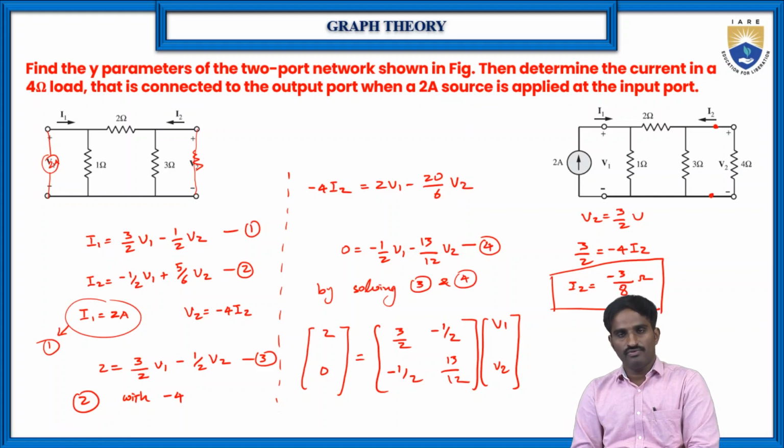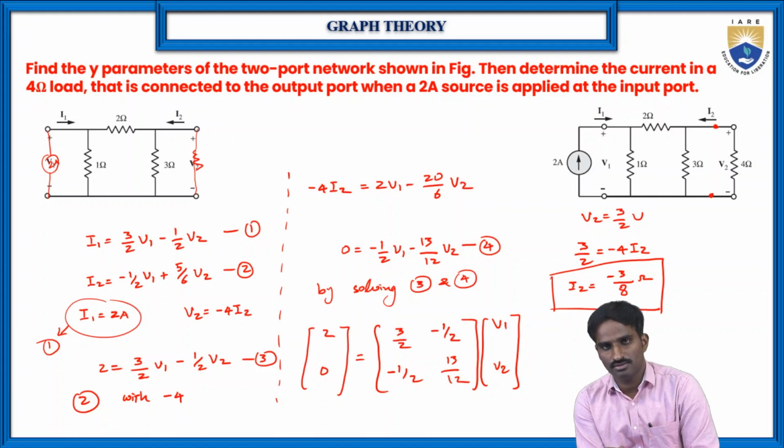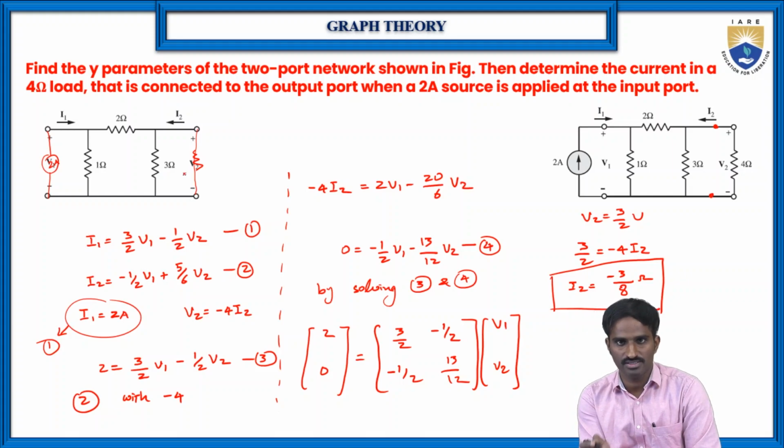So this is how we can find the value of I2. Of course, it is not the same I2 as in the original circuit, because that was for that particular circuit. Here, in the second case, I2 is the current flowing through this 4 ohm resistor. That is the difference between the first case and the second case.